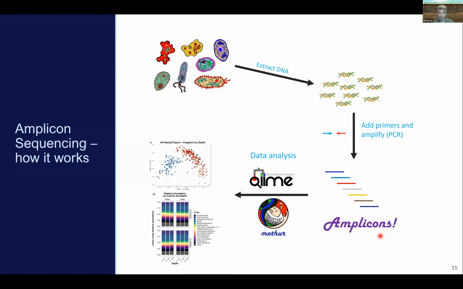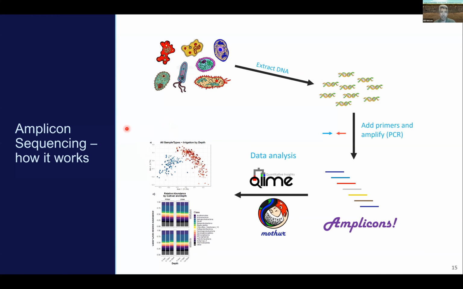Then you can take these amplicons and run them through pipelines. Mothur and QIIME are very robust pipelines that you can run your Amplicon data through, and they generate either the displays or at least the data for generating all these pretty displays showing the breakdown of your organisms by phyla or ordinations of your data, correlating it with environmental features.